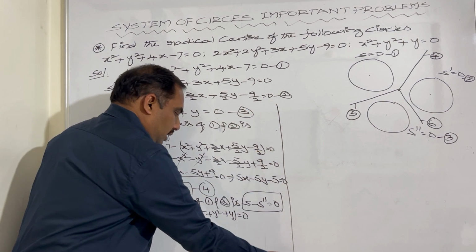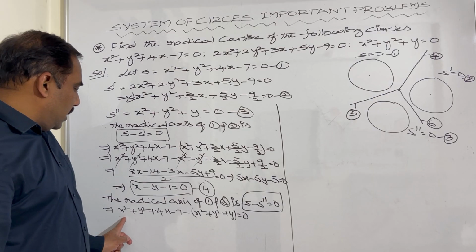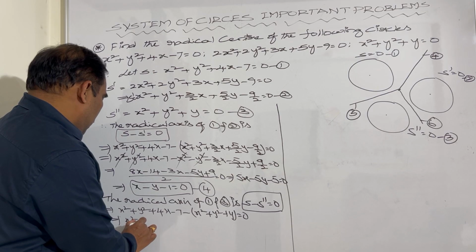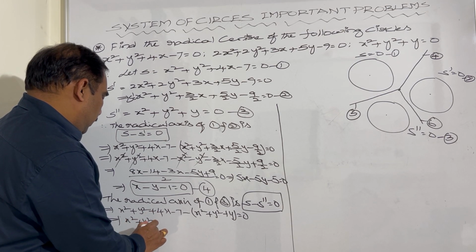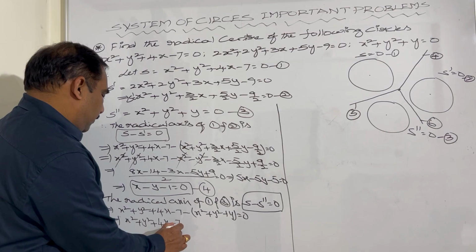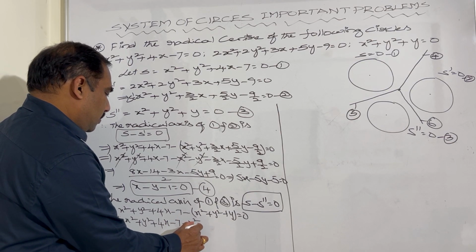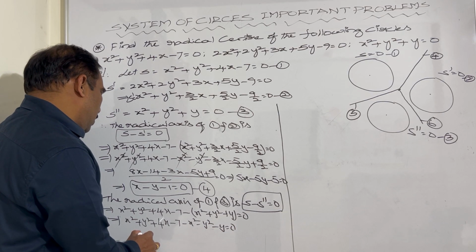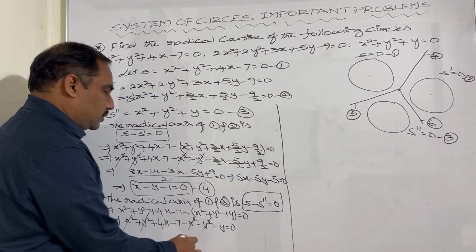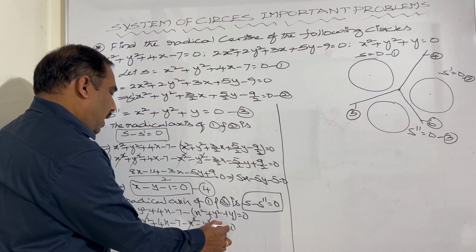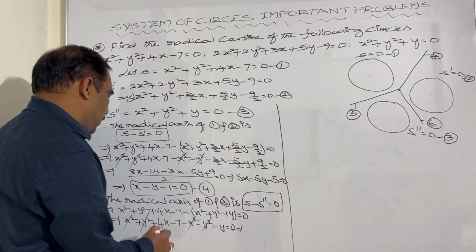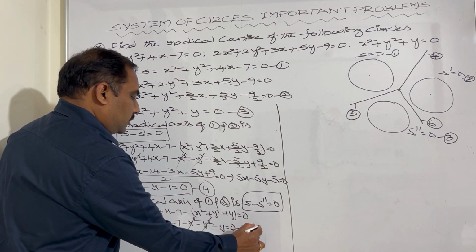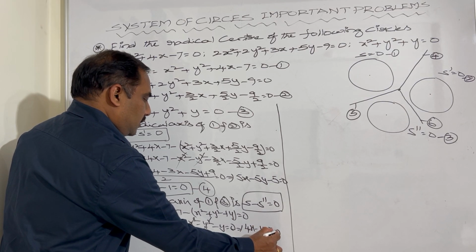Then further, the x square and y square terms get cancelled. So x square plus y square plus 4x minus 7 minus x square minus y square minus y is equal to 0. The x square and y square terms are cancelled, and clearly this implies 4x minus y minus 7 is equal to 0.